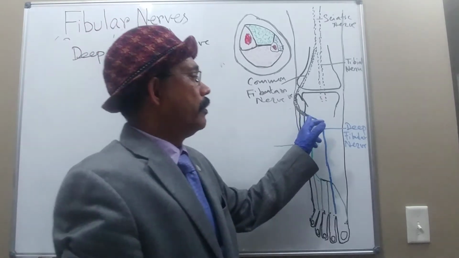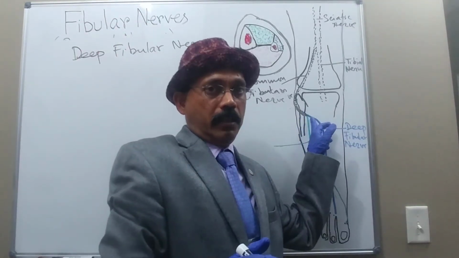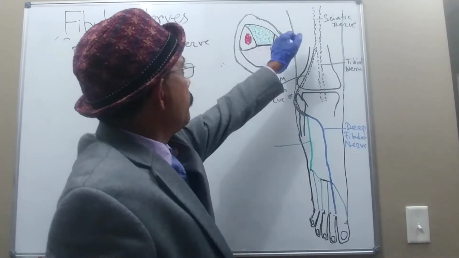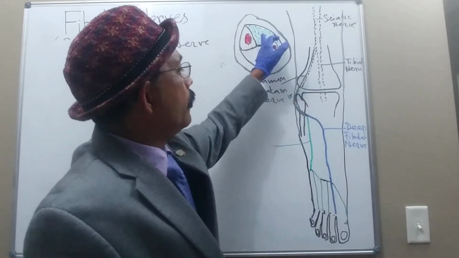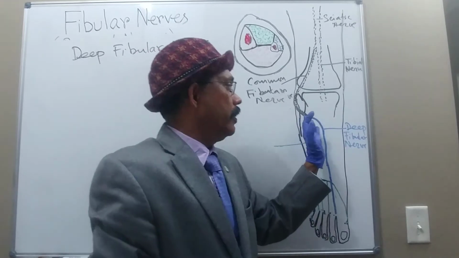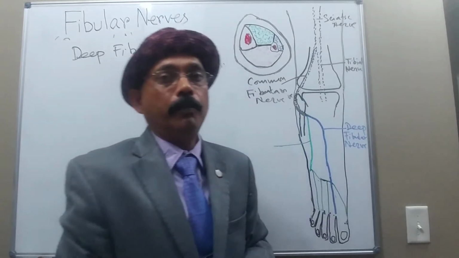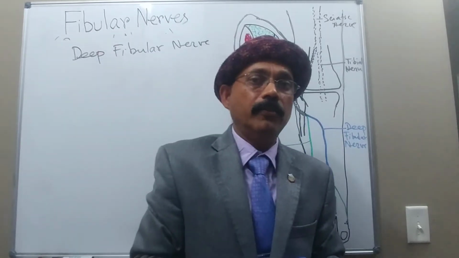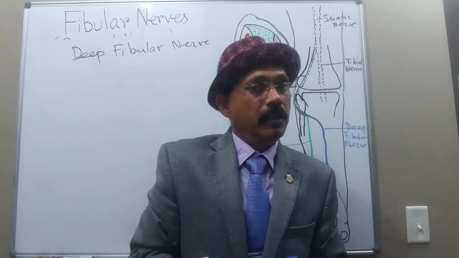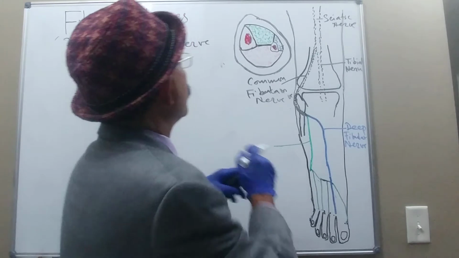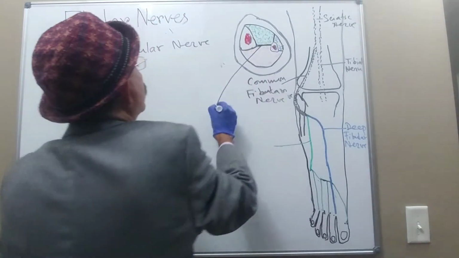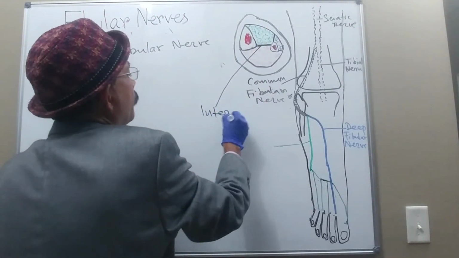Deep fibular nerve pierces the intermuscular septum, okay, and it enters the anterior compartment. It pierces the intermuscular septum, extensor digitorum longus, and it is in the anterior compartment in front of the interosseous membrane. This is the interosseous membrane.